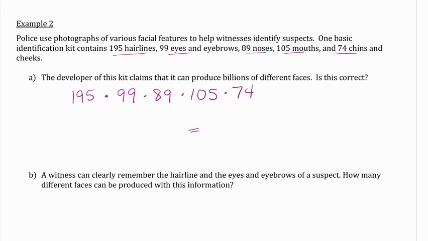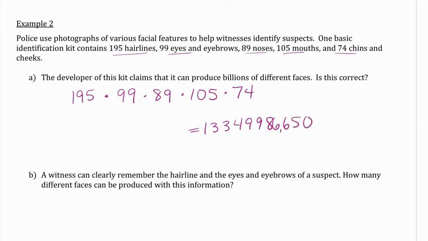Ooh, that gives me a number in scientific notation on my calculator. I tried not to make them too big on homework and such, but just a heads up, if you do get a big number in your calculator, sometimes it will automatically show it in scientific notation. Okay, so that would be 13,349,986,650.